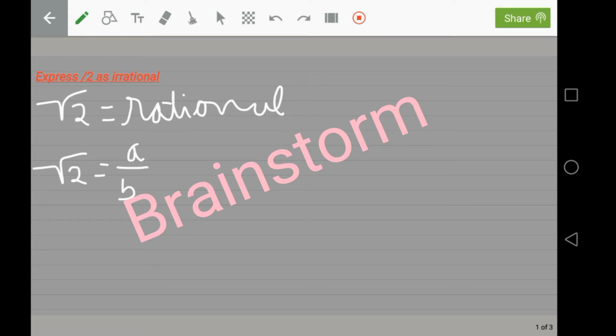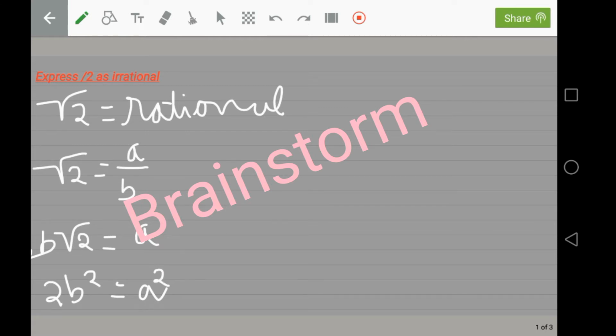Now if we square on both sides, we get 2b square is equal to a square. When we square this, the root goes out; we get b square here and a square here.